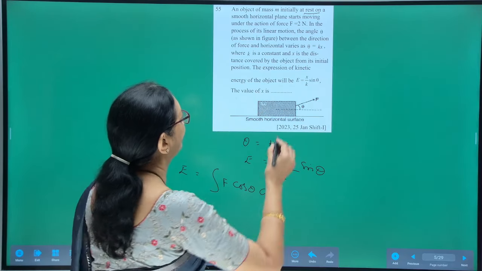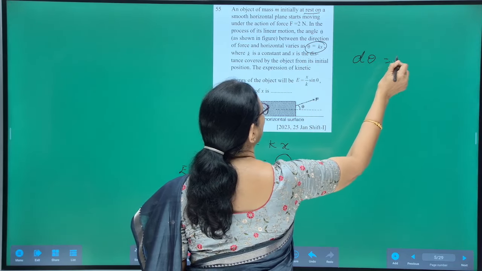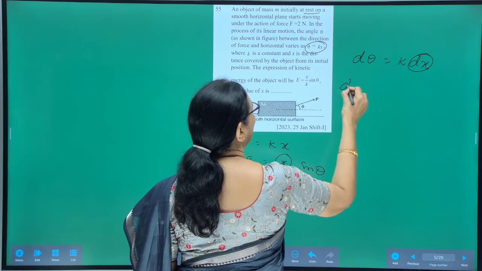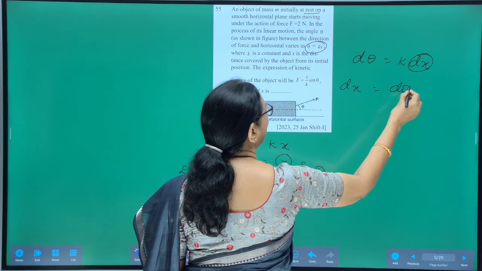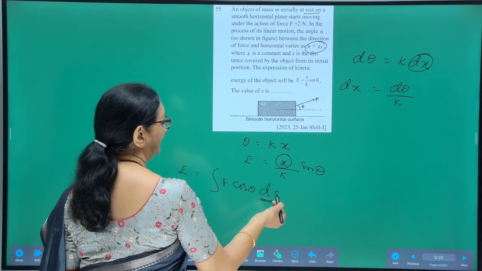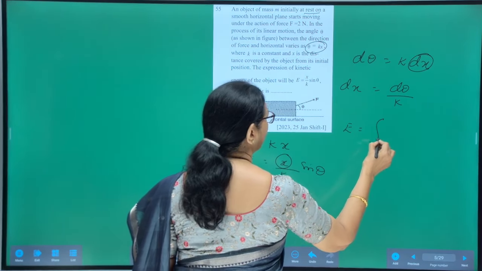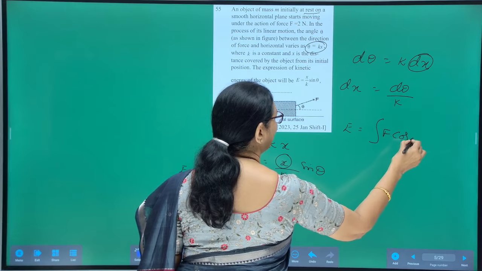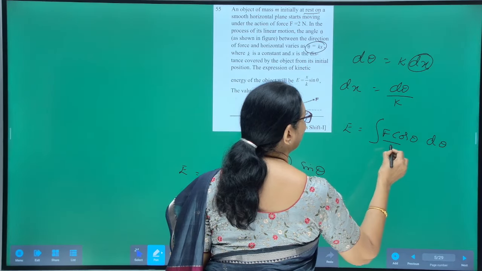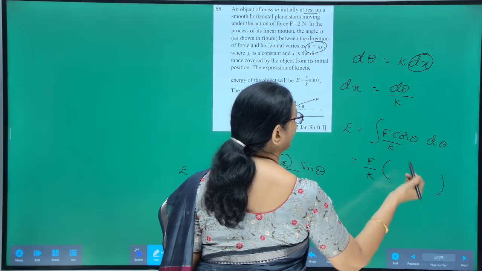So, but here from this relation, theta is equal to kx, d theta is equal to k dx, from which dx is equal to d theta by k. Substituting that here in place of ds, dx. So, E is equal to integral F cos theta dx, where dx is equal to d theta by k. As F by k is constant, you can take it out of the integration.